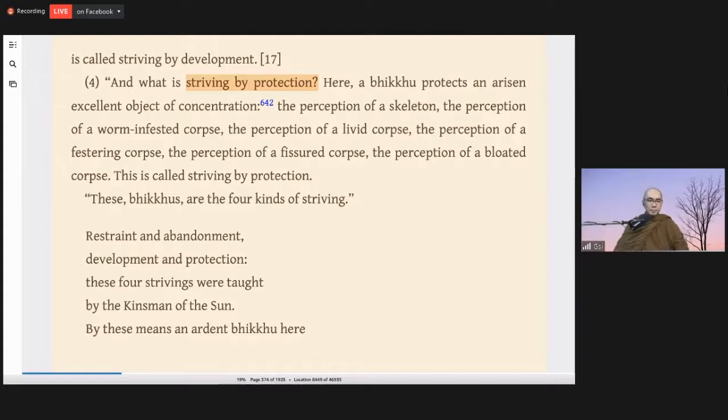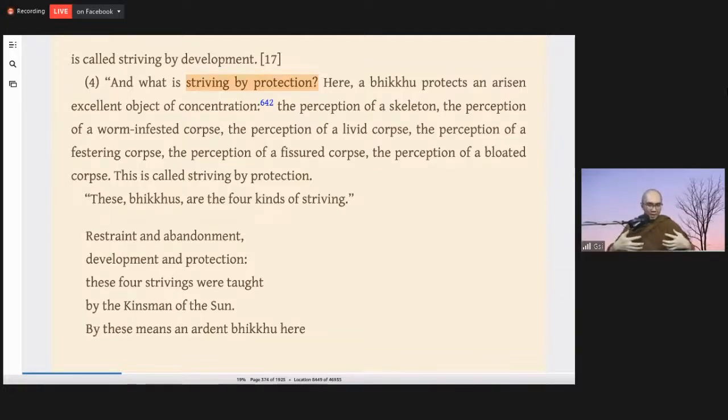So here, for those practicing with corpses, you must take up, for example, the perception of a skeleton, and hold the image of the skeleton mentally in front of you, and keep it there, and you note this as skeleton, skeleton, skeleton, in order to arouse the foulness nature of the body, or to arouse detachment.